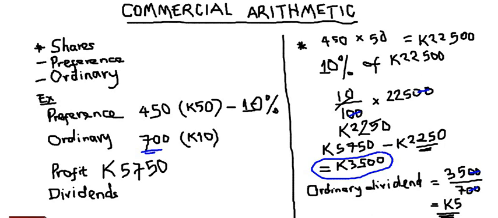So that if you declare a smaller profit, the ones who suffer will be those ordinary shareholders, because their amounts depend mostly on the profit that is declared, whereas the preference shares, their amount is determined by the percentage that they are awarded of the total contribution that they make to the stock of the organization. So this is how we calculate shares in an organization.